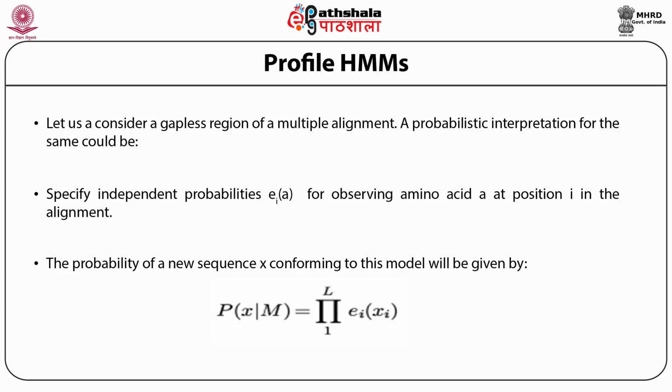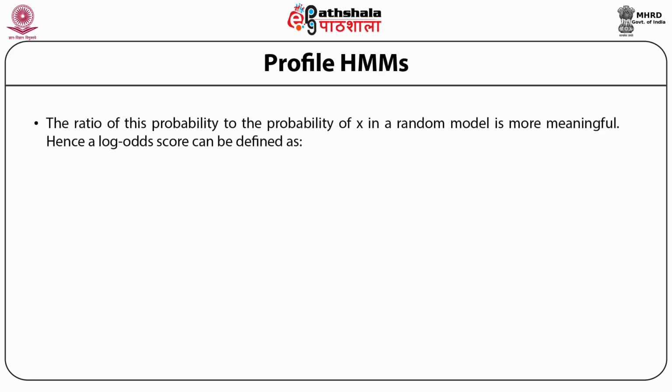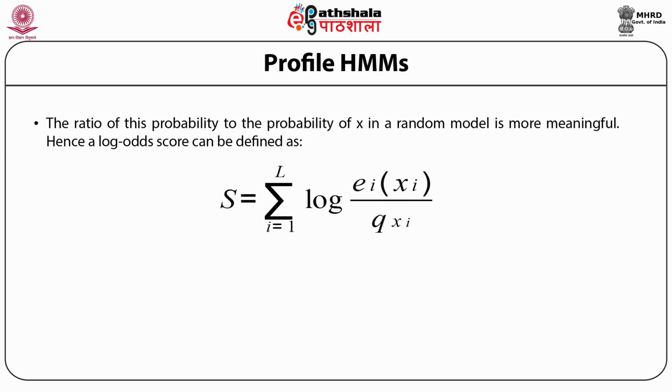So that's the equation over there. Now the ratio of this probability that x belongs to a particular family as opposed to x belonging to a random model, again I can use a log odds score and I can define S is equal to the sum of log of e_i over q, and instead of the product, since it's in the log scale, now it will become a summation. So I have this particular formula.